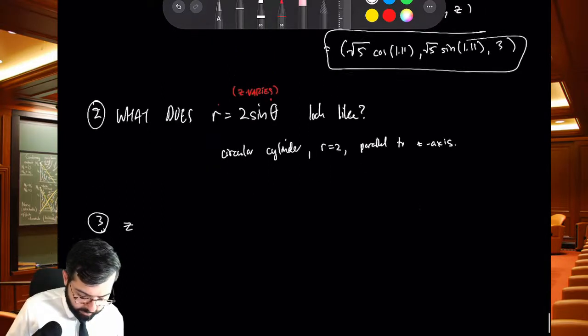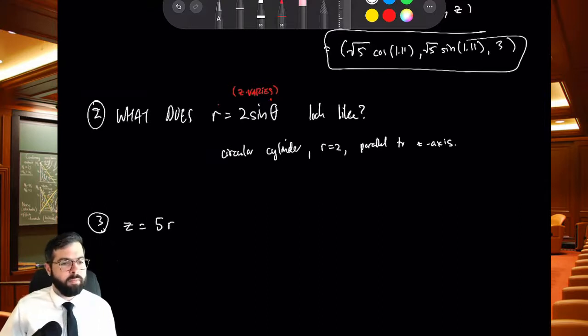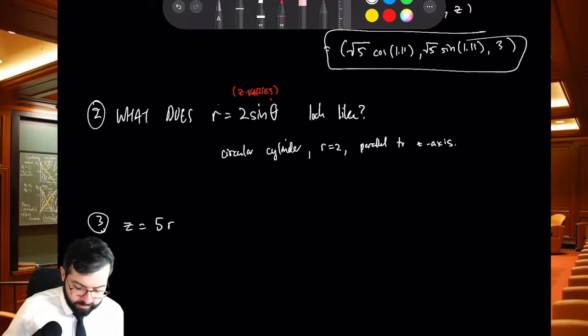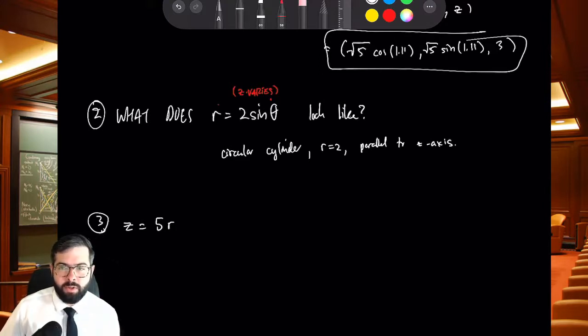All right, how about z equals 5r? So z equals 5r, what does that look like?